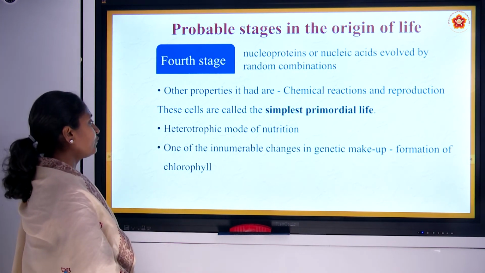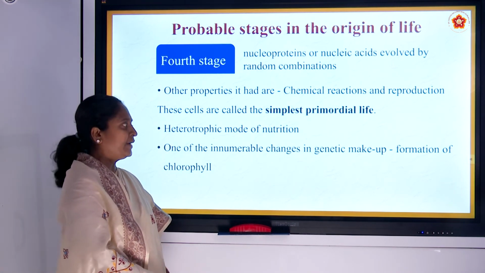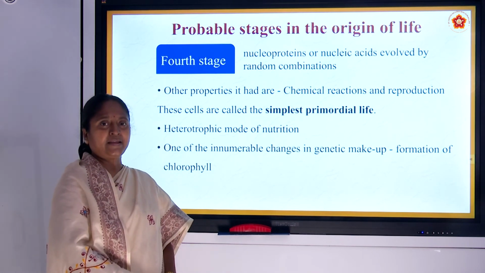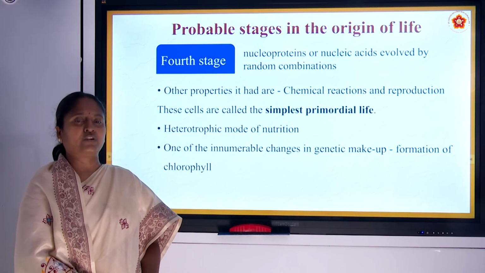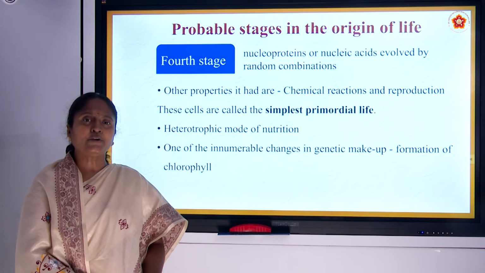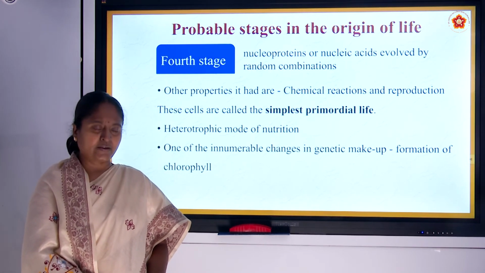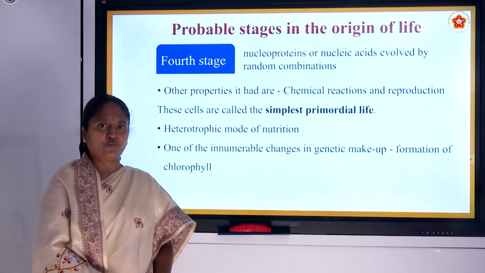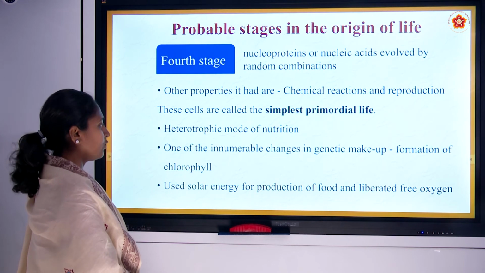So the formation of chlorophyll is one of the big changes which happened in the environment, in the genetic makeup, where the organism tends to produce its own food. It is doing an autotrophic nature of food preparation. It synthesizes its own food, autotrophic, right? So now they use solar energy to produce food.